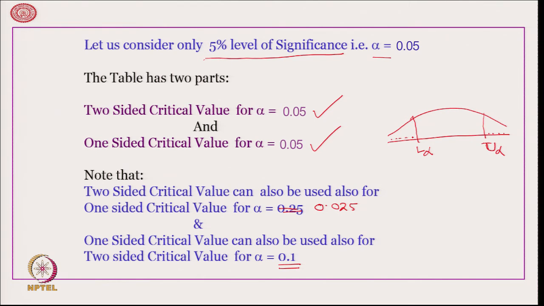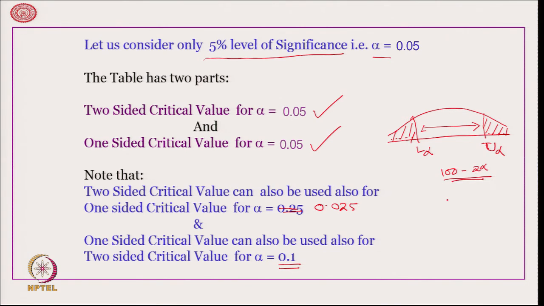If I test two sided, with equality of tails, considering this and this, then the confidence of this interval is 100 minus 2 alpha.